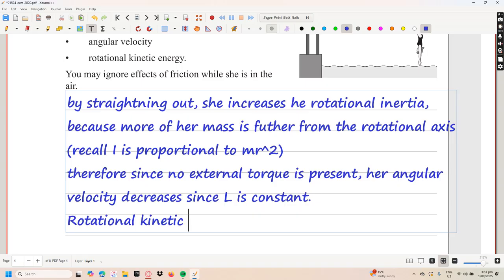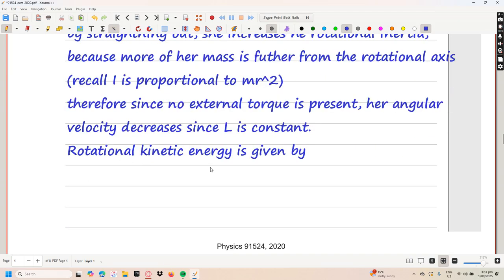Rotational kinetic energy is given by half I omega squared, which is the same as saying half I omega omega, which is the same as saying half L omega. You can consider this bit to just be the angular momentum.